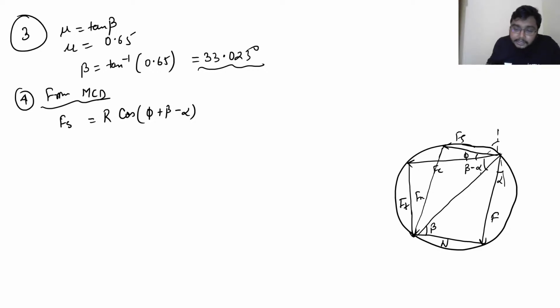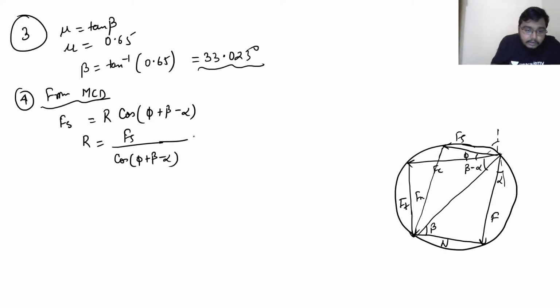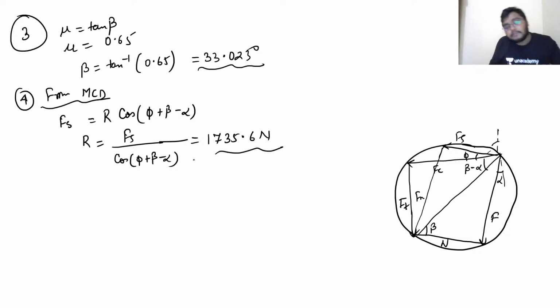So from here you can find the value of R. R would be Fs by cos of phi plus beta minus alpha. All the values are given to you. From here you can find the value of R, and R would be 1735.6 Newton. Clear?